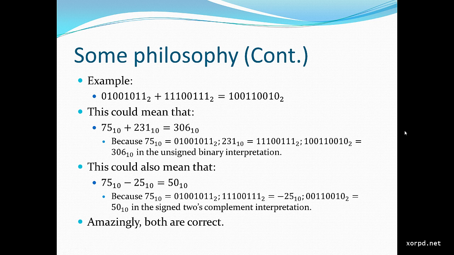It is amazing, but both of these are correct. You see, the bits are just bits. You can look at them in different ways and think different thoughts, but the bits are not going to change. They are just there. In this case also the plus operator is not changing. It's just our thoughts about the numbers that change.